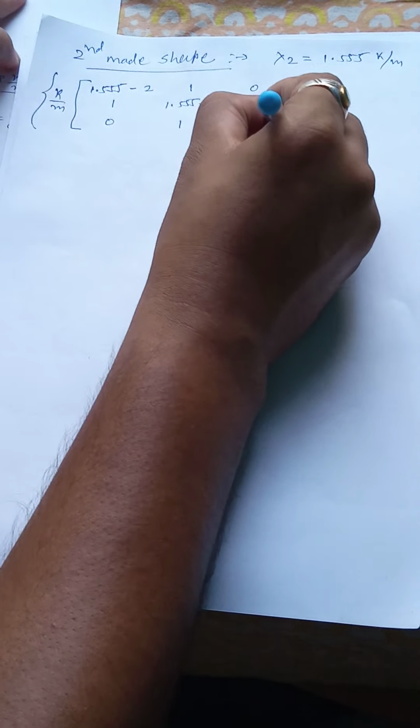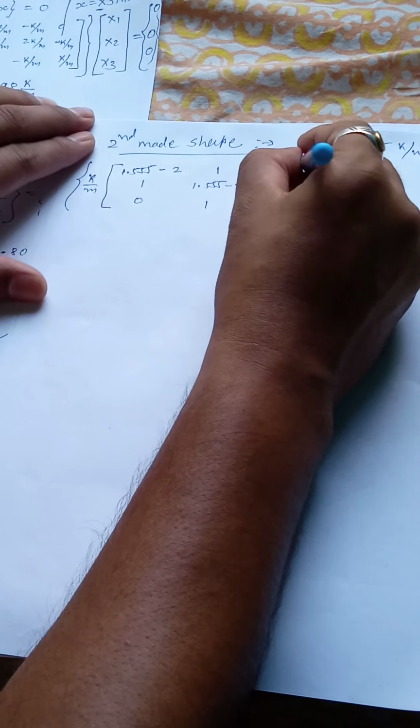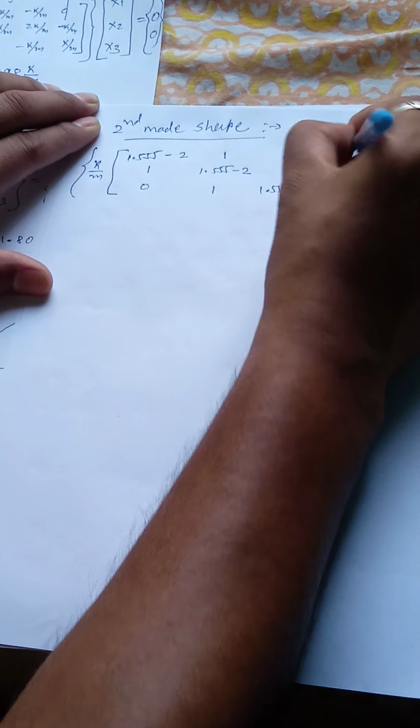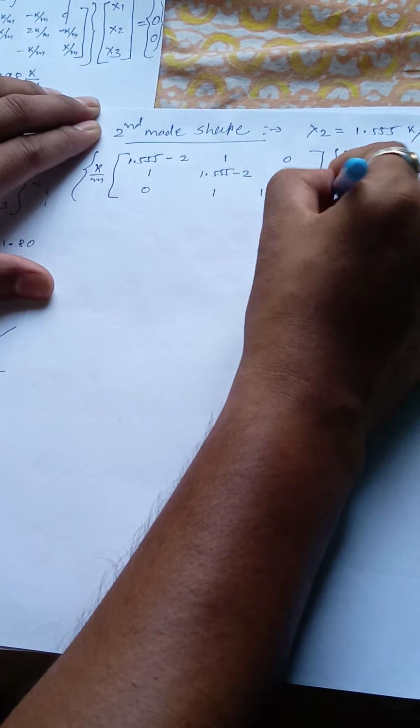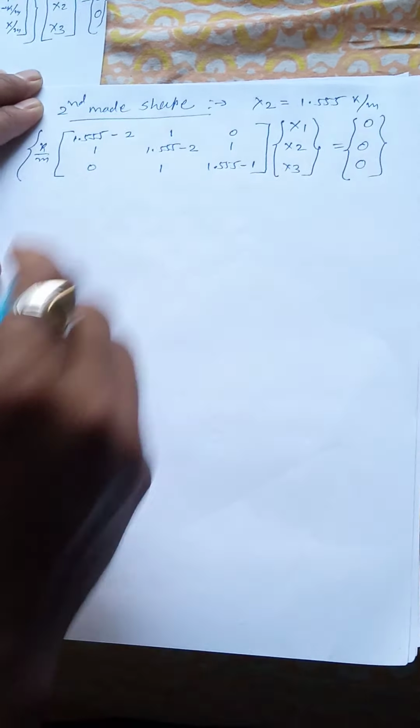so it is 1, and 1.555 minus 1, not 2, and the amplitude vector x1, x2, x3, a vertical column matrix, is equal to 0 0 0.